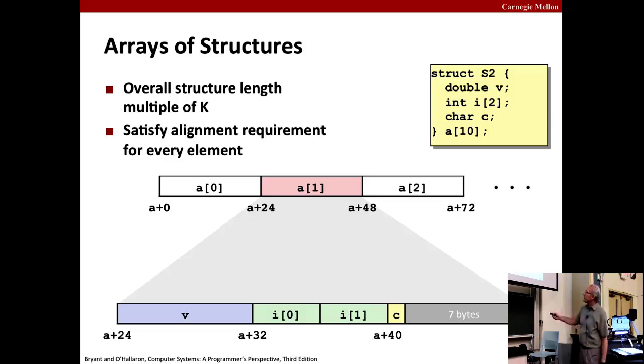And then within that struct, I've ensured that each field that requires an alignment by 8 is positioned with an offset that's a multiple of 8, and so it all works out. But if you tried to tinker with this by making this too short, then you'd start getting misaligned references.